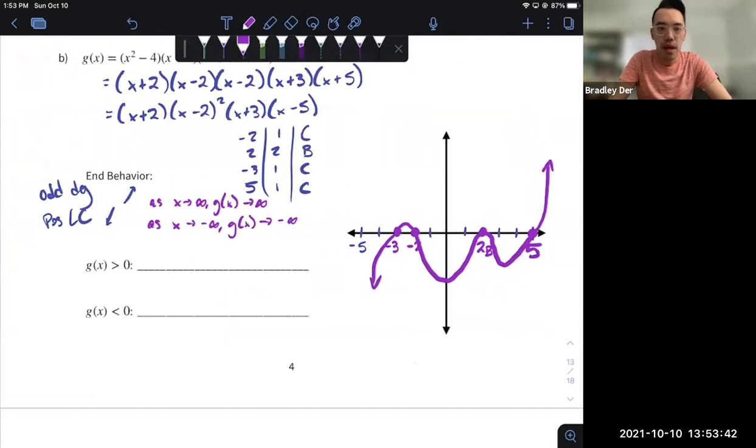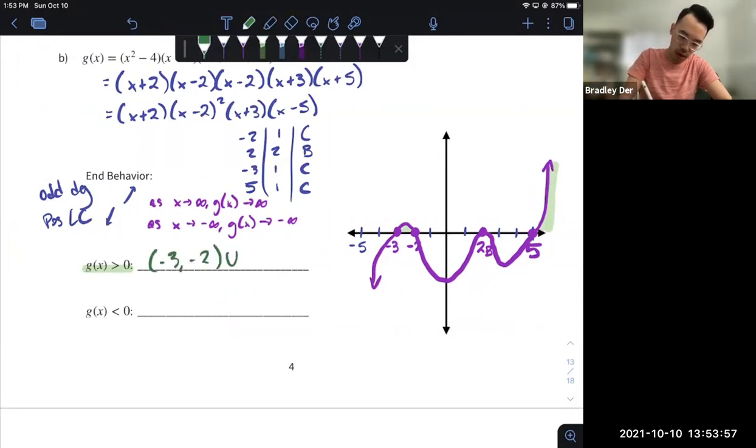All right, so then where g of x is greater than 0 is where the function is above the x-axis. So -3 to -2, union 5 to infinity.